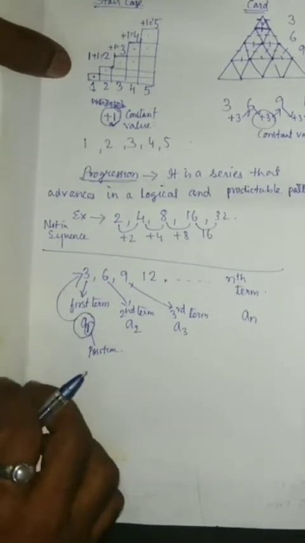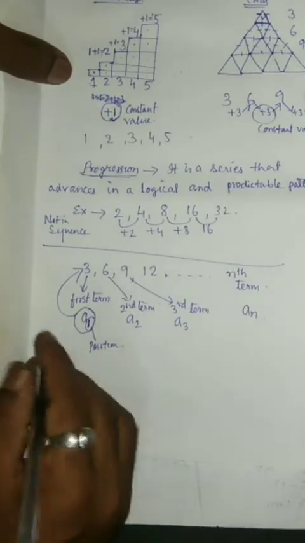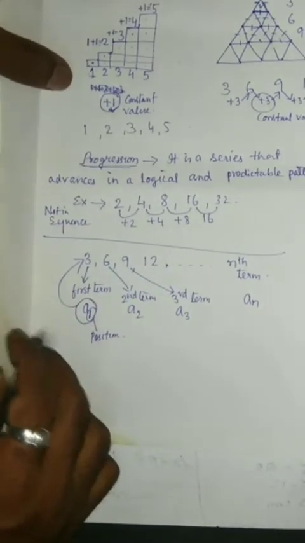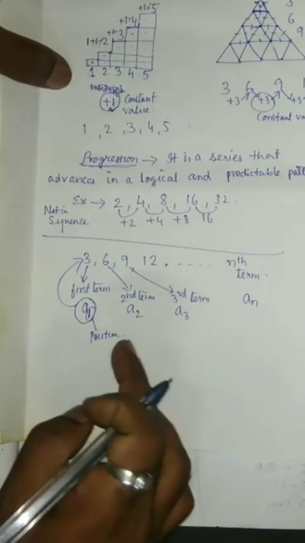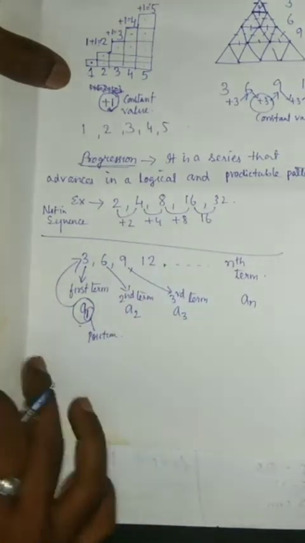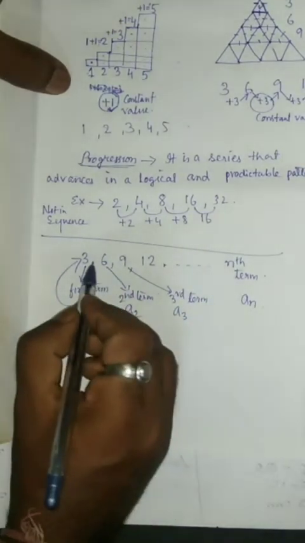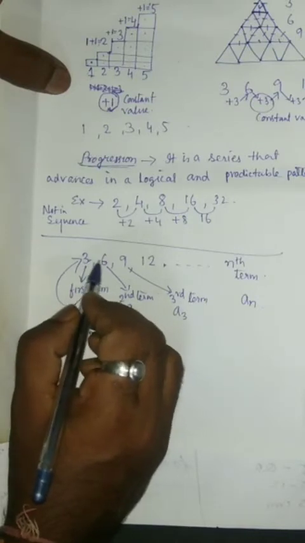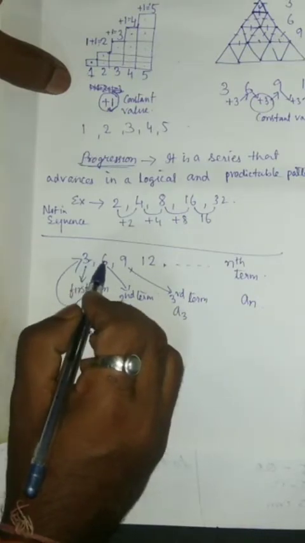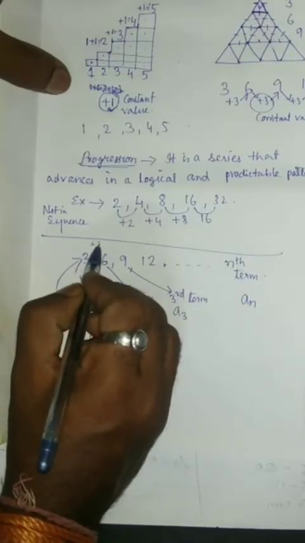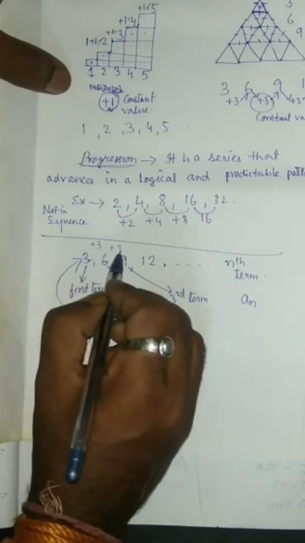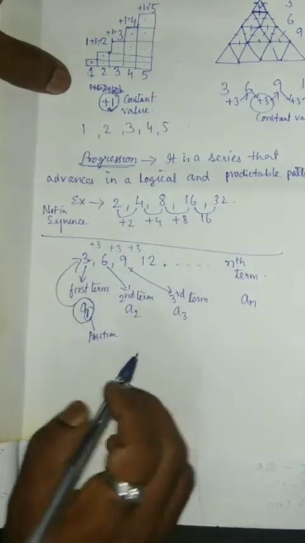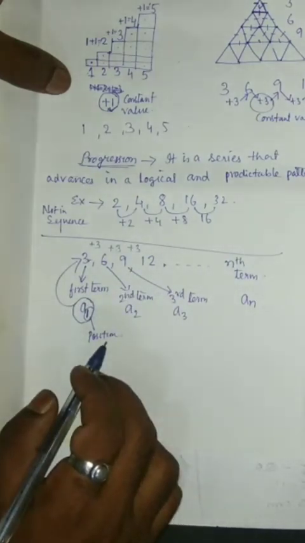Now, what is the definition of arithmetic progression? Before that, I want to make you notice one more thing. Student, we are adding some particular number from 3 to 6. That particular number is nothing but plus 3. In each case, we are adding plus 3.